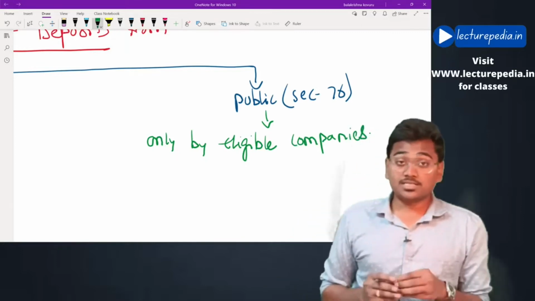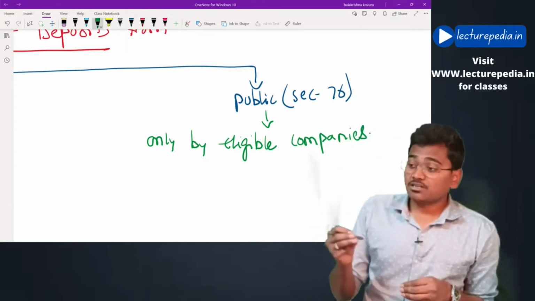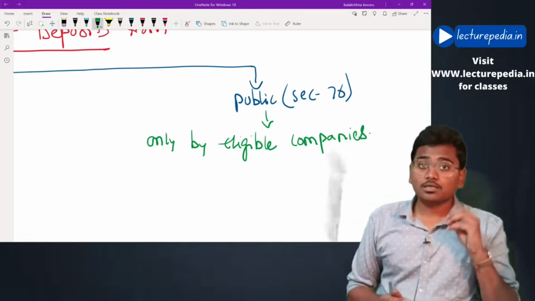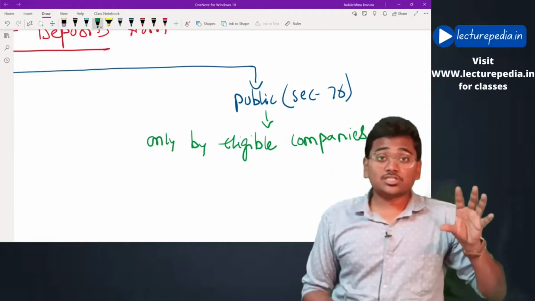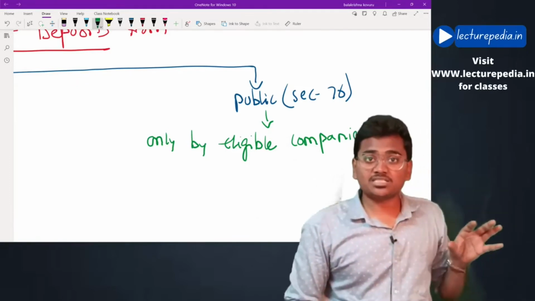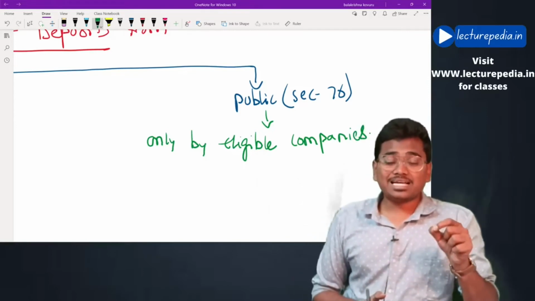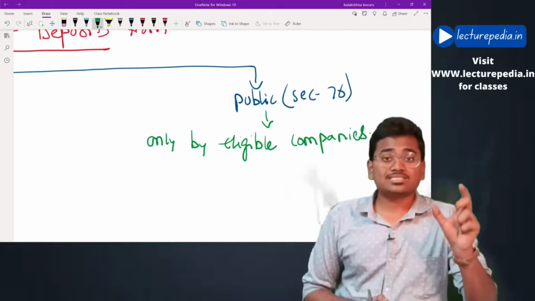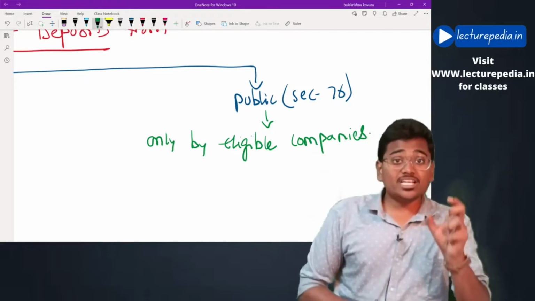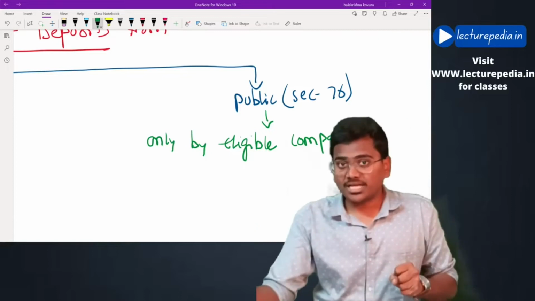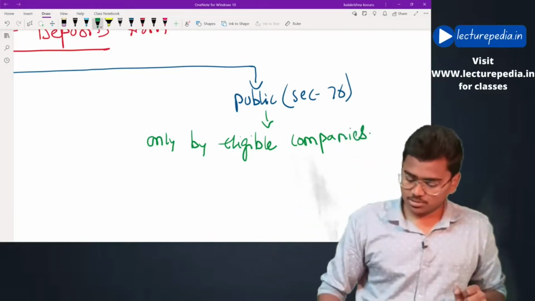Raising deposits from the public involves risk to the public. Thereby, the Companies Act has not allowed all the companies to raise deposits from the public. The Companies Act has given certain criteria. Only certain eligible companies can raise deposits from the public. We will see what those eligible companies are.